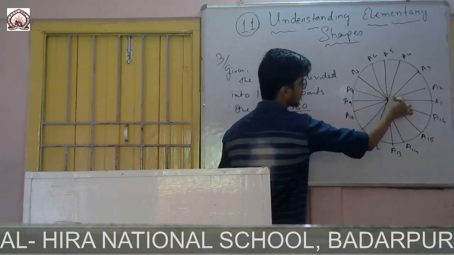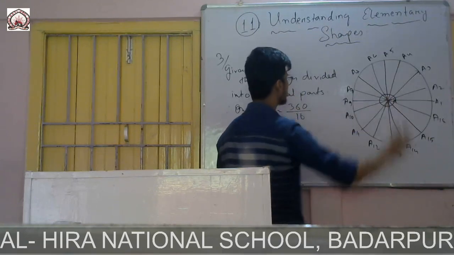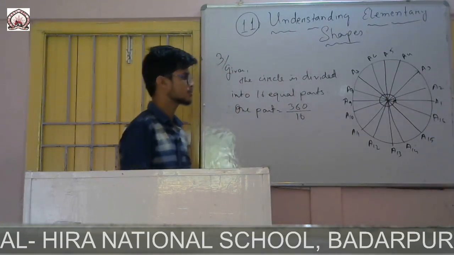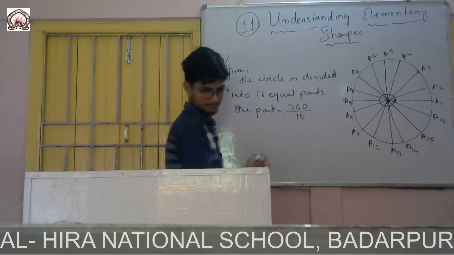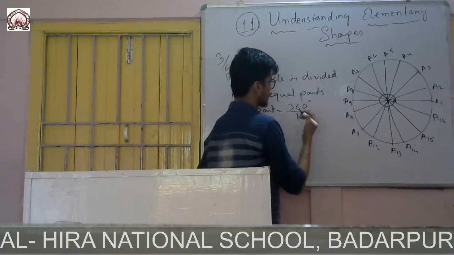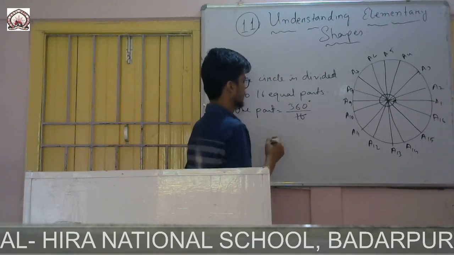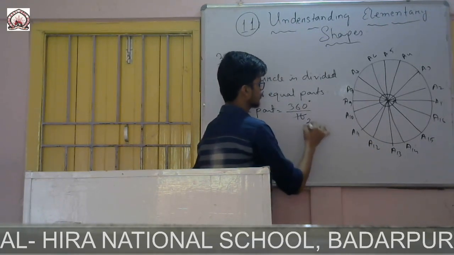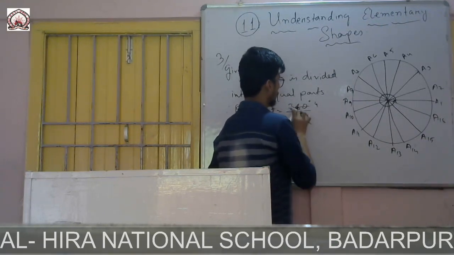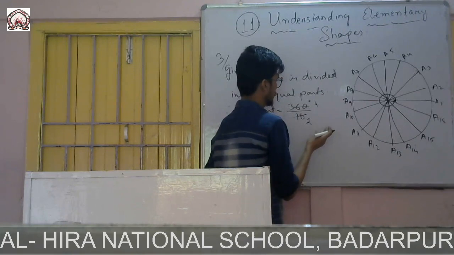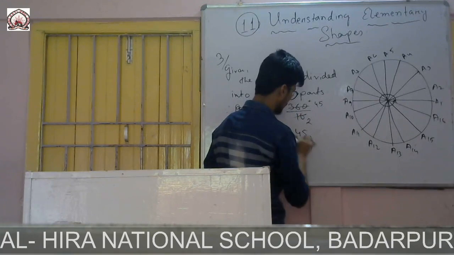If I start from here and come back to this point, it will be 360 degrees. Dividing by 16, if I cancel with 16, it will be 8 2s are... 8 5s are 40. That means 45 by 2 degrees.